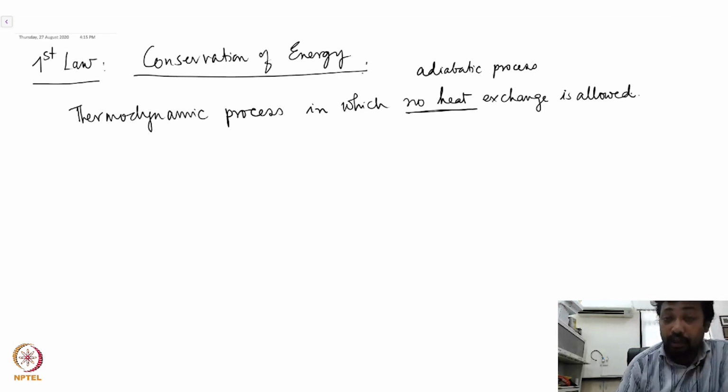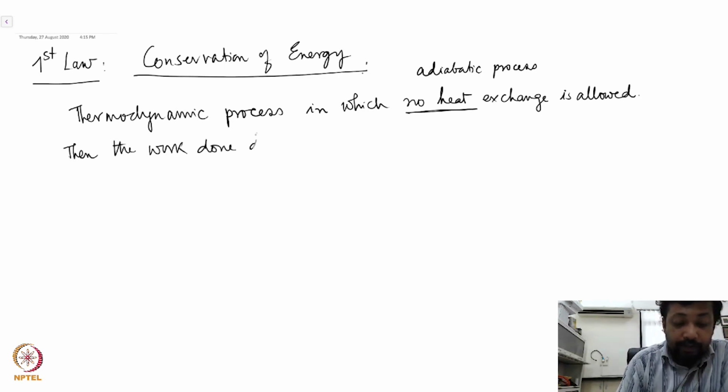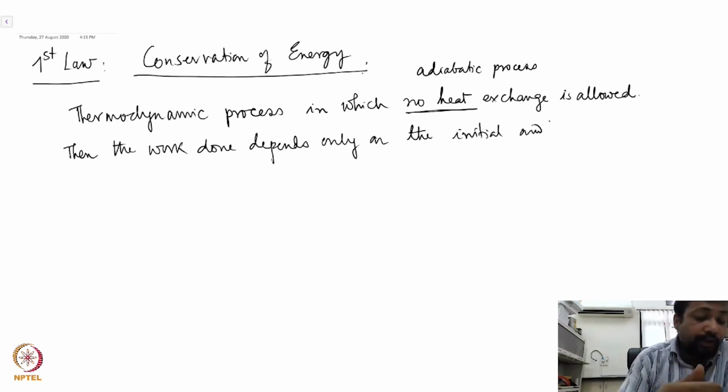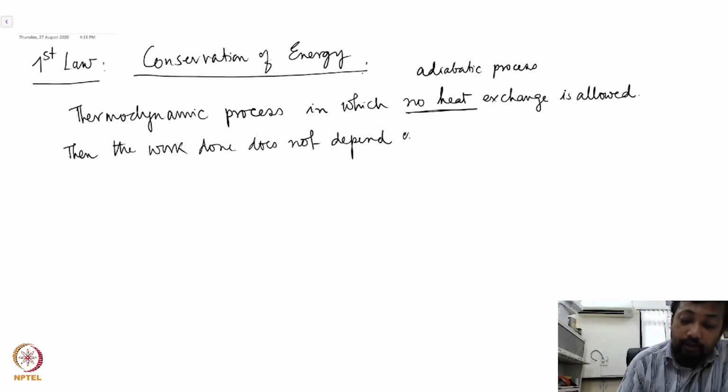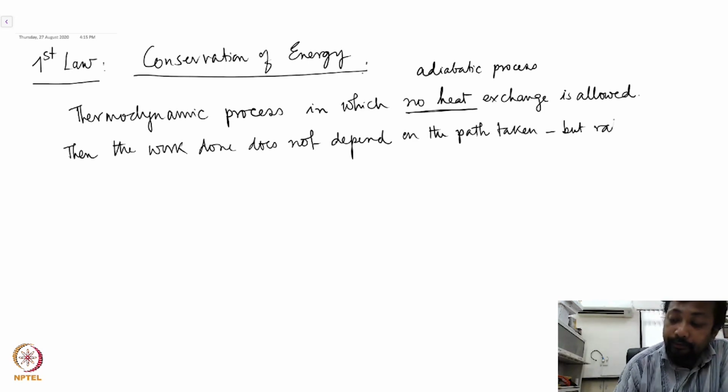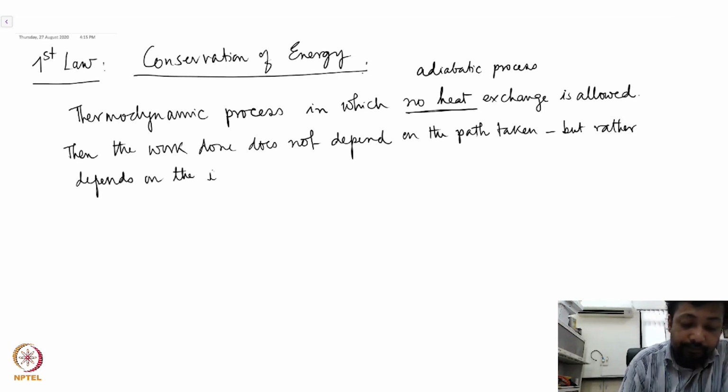So in a process in which no heat exchange is allowed, the work done depends only on the initial and the final points, or in a different way, the work done does not depend on the path taken, but rather depends on the initial and the final points.